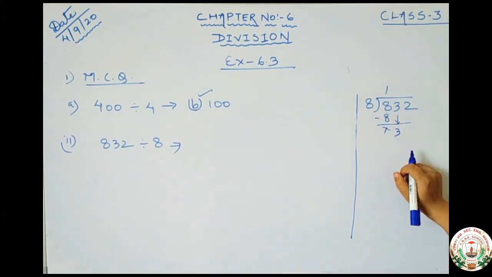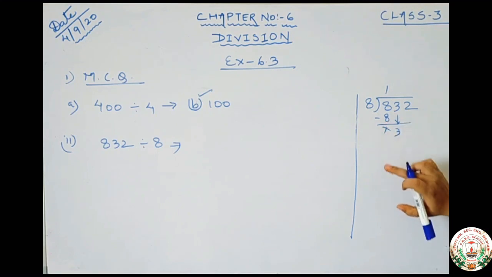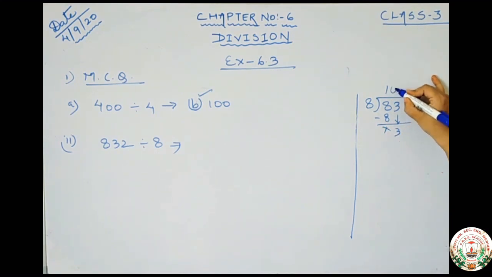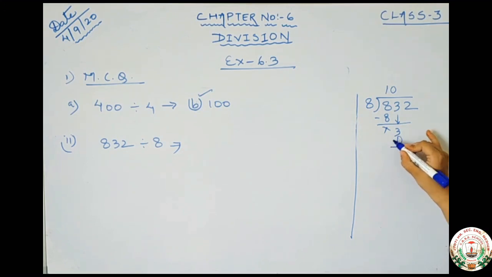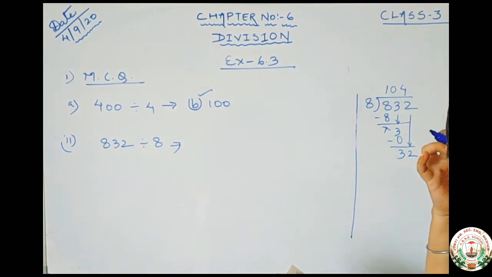In the table of 8, no, 1 is the smallest number. 8 के table में सबसे छोटा 1 होता है, तो 8 ones are 8 हो गया. 3 उससे छोटा है तो हम क्या लेंगे? 0. We will take 0. 8 zeros are 0. 3 minus 0 is 3. Then we will note down the next number. Now, in the table of 8, 32 comes. Yes, 8 fours are 32.